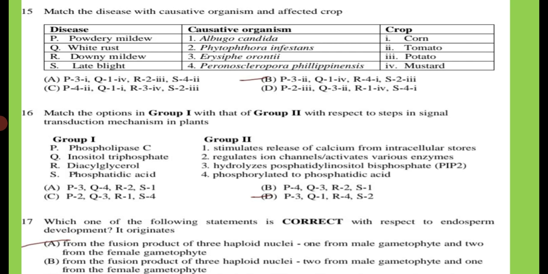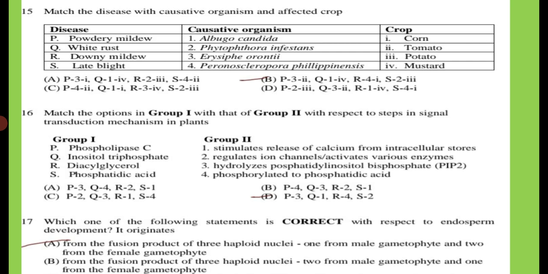Calcium ions or phospholipids are the activators of phospholipase C. Phospholipase C hydrolyzes phosphatidylinositol bisphosphate to the secondary messengers inositol 1,4,5 triphosphate, that is IP3, and DAG. IP3 induces a transient increase in intracellular calcium, while DAG, that is diacylglycerol, activates protein kinase C.